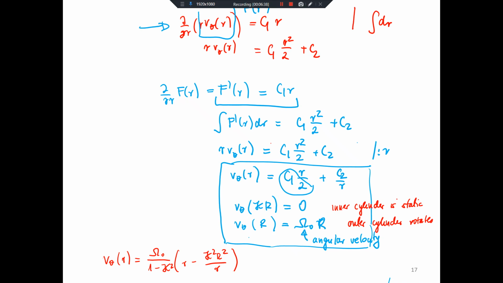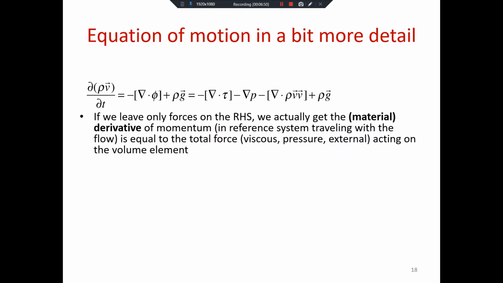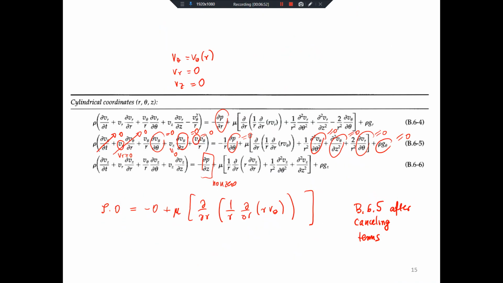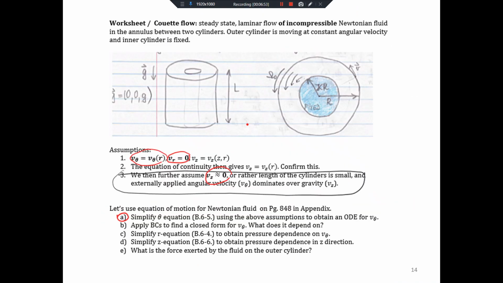So we have solved for v theta as a function of r by looking at the theta equation of the Navier-Stokes. Now your assignment, in addition to this closed form we have just found: what's interesting is that v theta does not depend on viscosity.